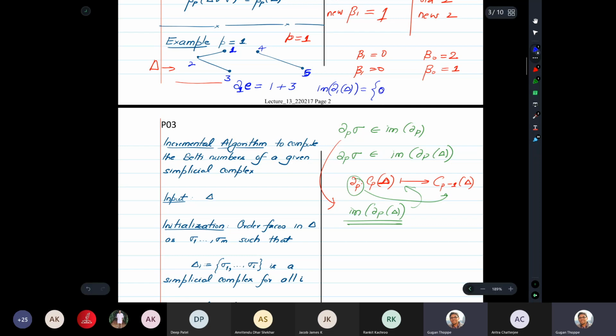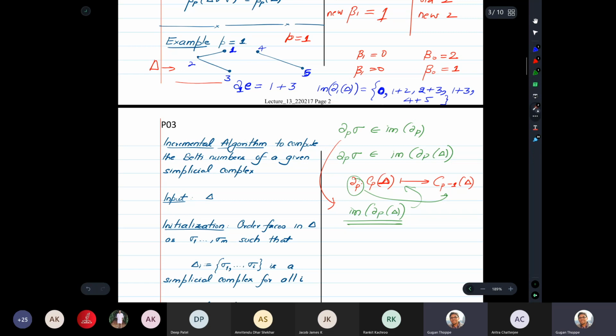Of course, if I take the one-chain with zero support, we will get zero. Then I will get 1 plus 2, 2 plus 3, 1 plus 3, and 4 plus 5. Is this okay? This is the image of ∂1 of Δ.